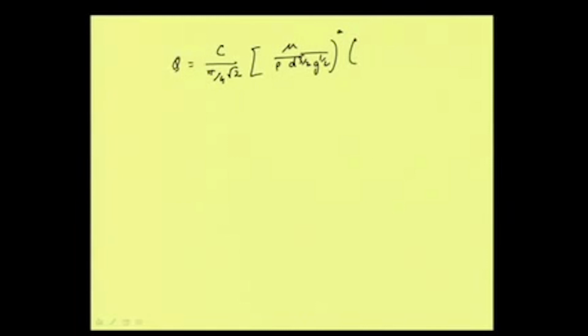Then we have H by D, because H had the exponent D, so H by D to the power D minus half, and then pi by 4 D square root over twice G H. Those which do not have an exponent we are bringing to one side, and then we can write it like this, root over G H. Okay.